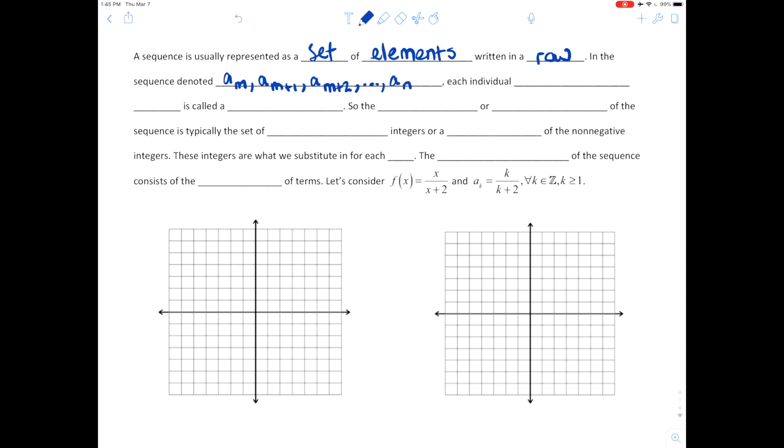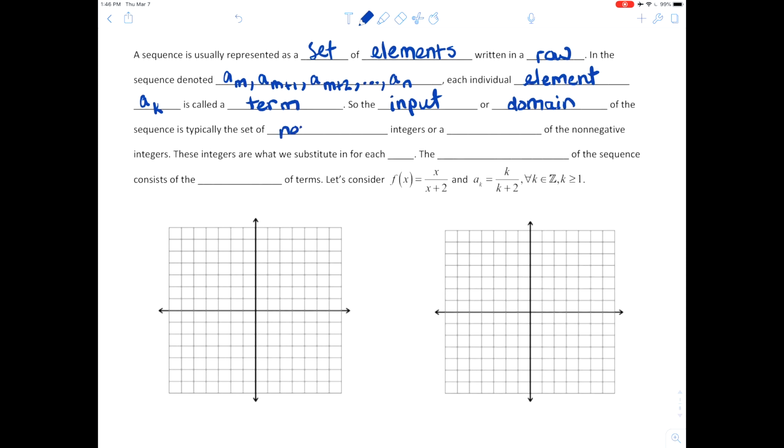Each individual element, which we usually generalize to some A sub k, is called a term. The input or domain of the sequence is typically the set of non-negative integers or some subset thereof.